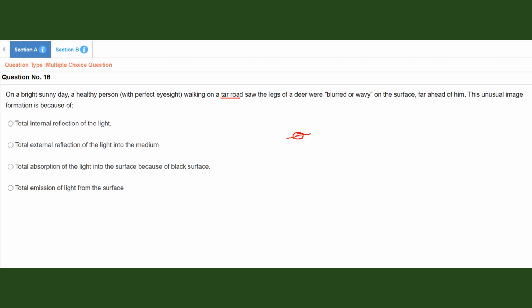That is why blurred images are formed, and it appears blurred or wavy on the surface, which is far ahead of him, and this unusual image formation is because of this total internal reflection of the light, which leads to the formation of that mirage.